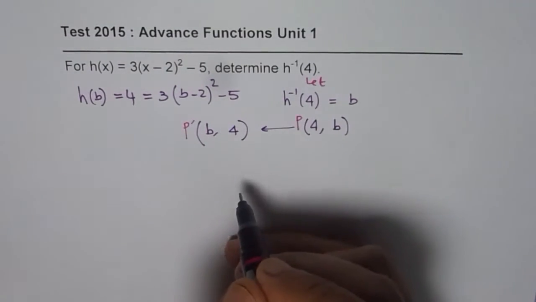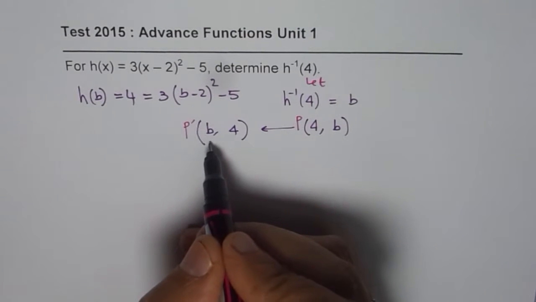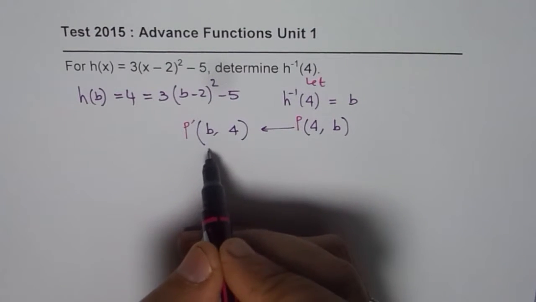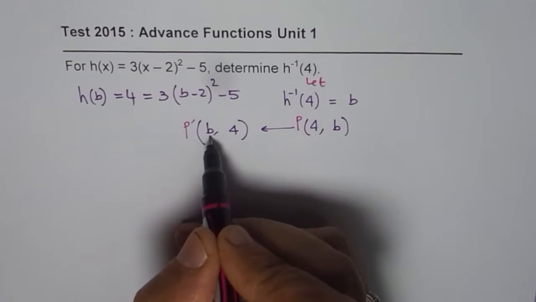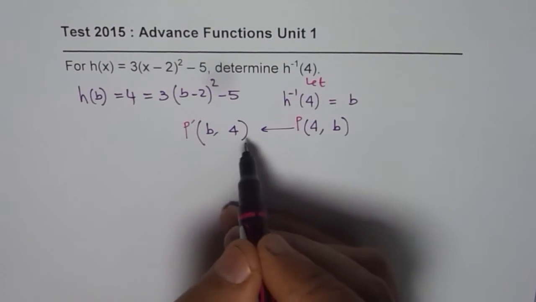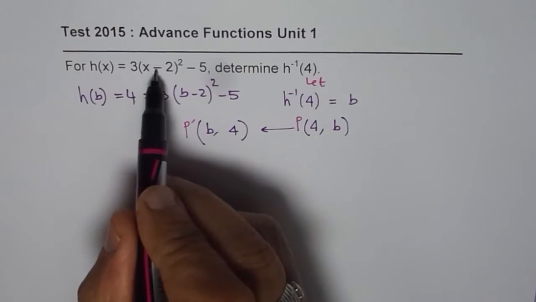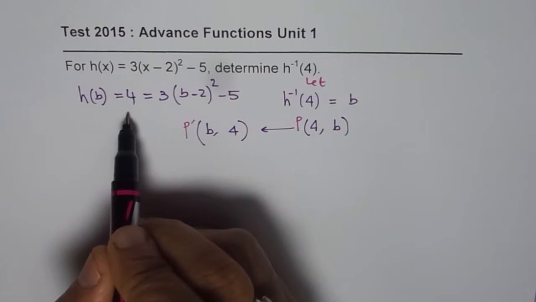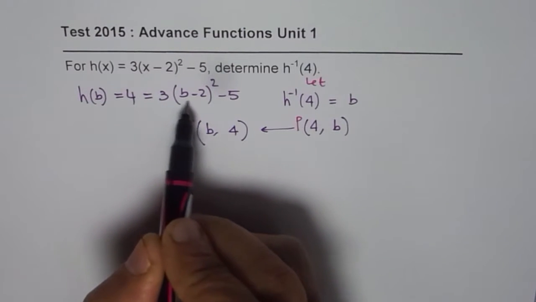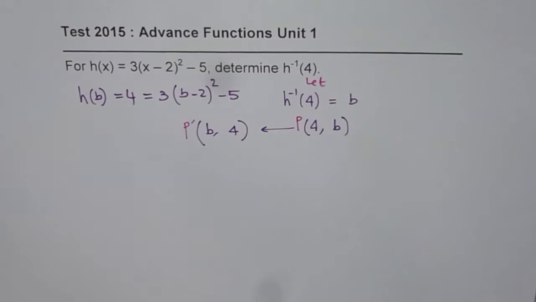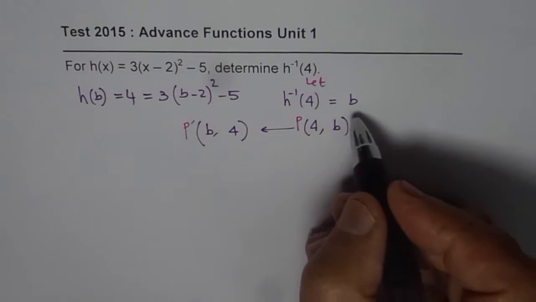This is the inverse, right? So when you swap, the point is (b, 4). That means that for x value of b, h of b should be 4. So we substitute that value here, correct? So we have the equation 4 equals 3 times (b minus 2) whole squared minus 5. Now we need to solve this to find b, correct?